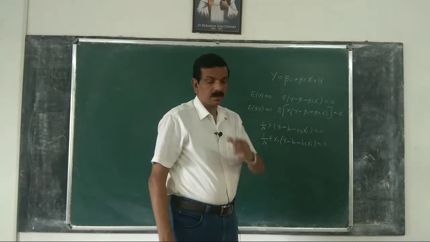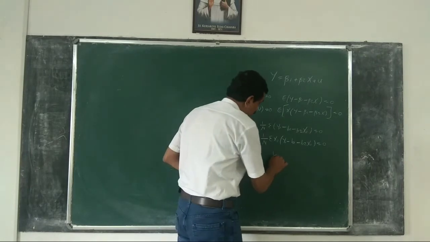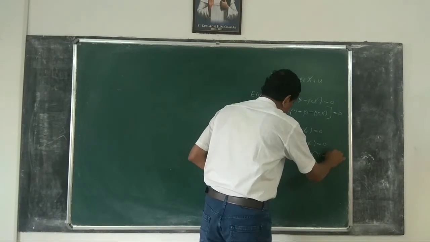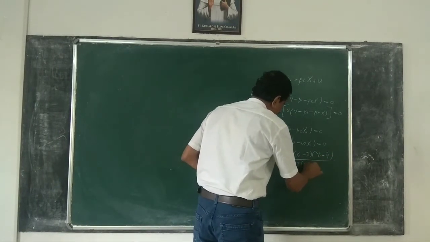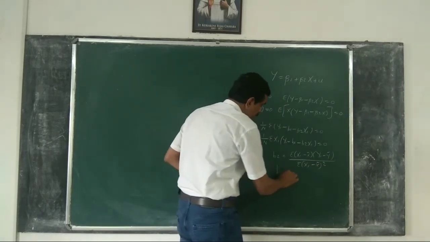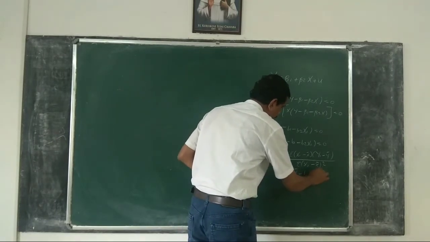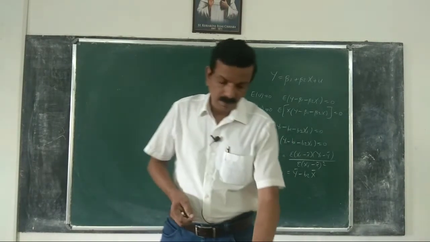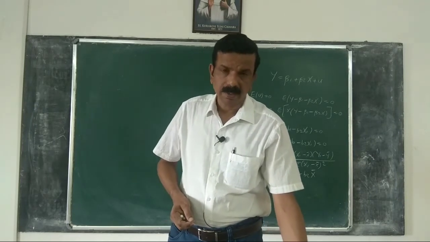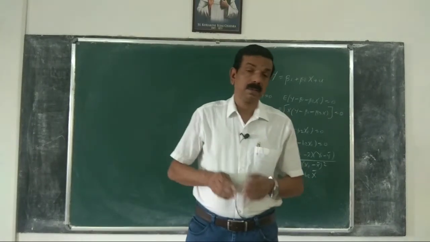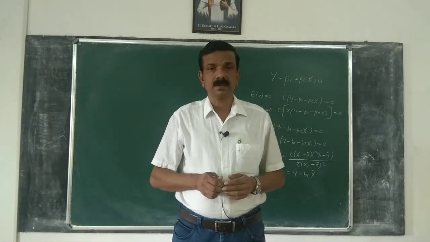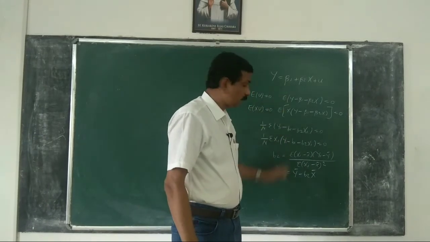Solving this, you will get b2 is equal to sigma xi minus x bar into yi minus y bar divided by sigma xi minus x bar square, and b1 is equal to y bar minus b2 x bar. This is the same as the least squares estimators we have derived. So we can think about the estimation of the regression coefficients as a method of moment problem.